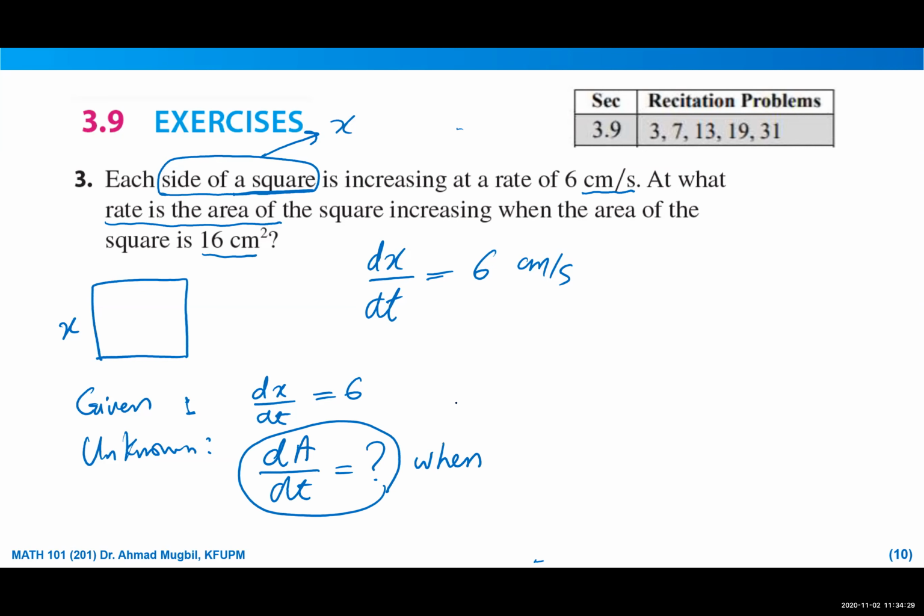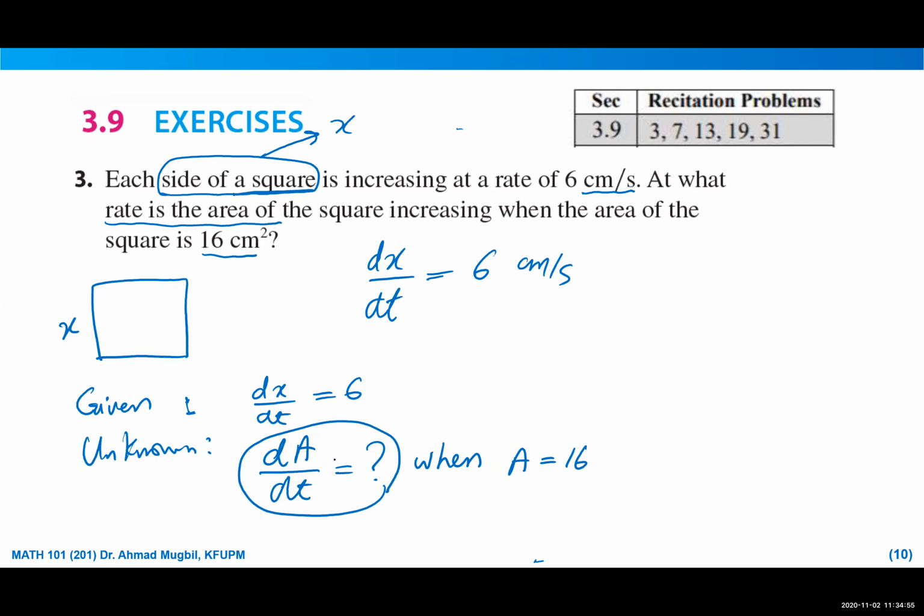The rate of the area of the square increasing when the area of the square is 16. So this is when A is 16 centimeters squared. So let's just deal with the numbers. Forget about the units now because they are the same units. So we have dx dt and we need to find dA dt.